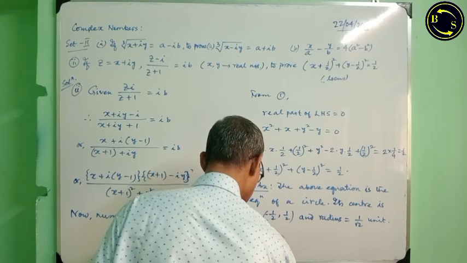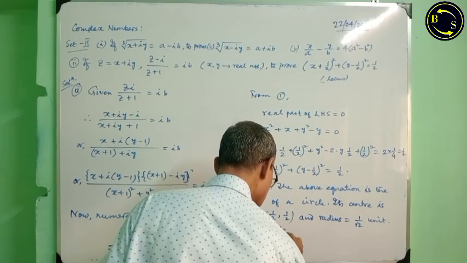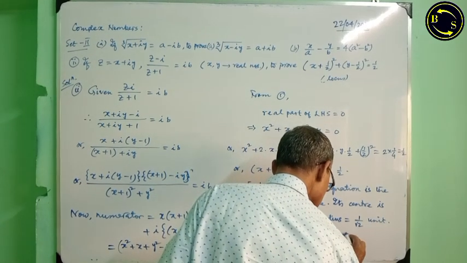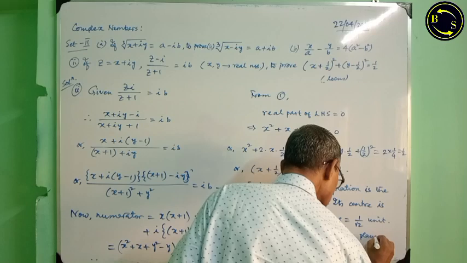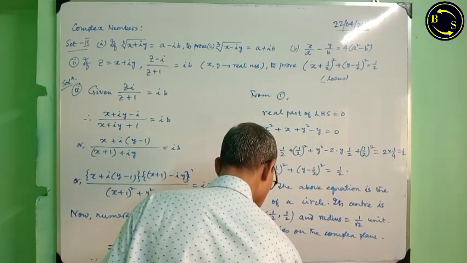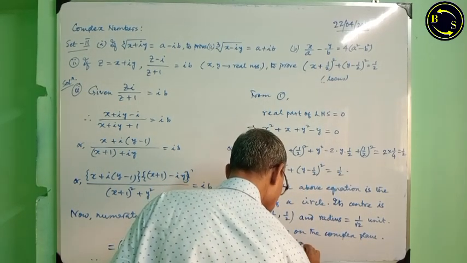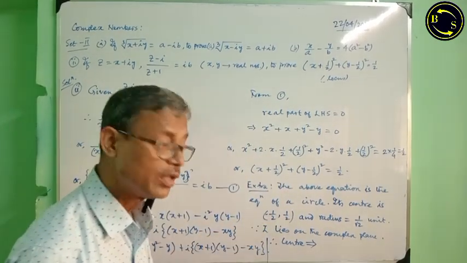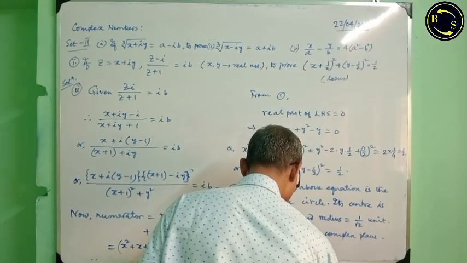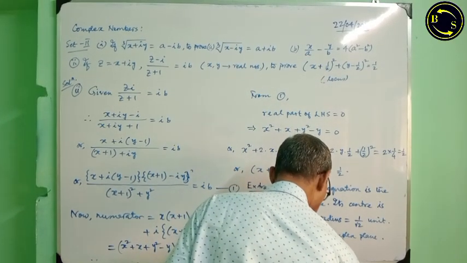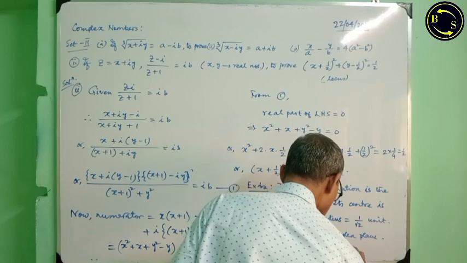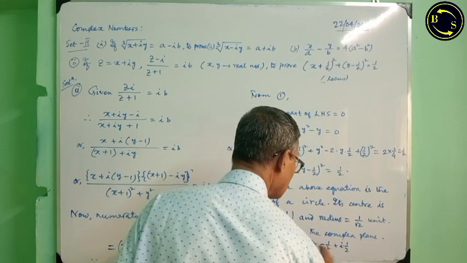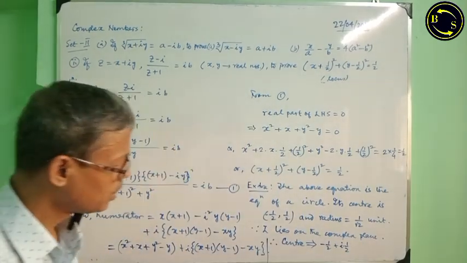Since z lies on the complex plane, therefore the center, this is coordinates form, therefore complex form will be minus half plus i into half, and radius is 1 by root 2 unit.